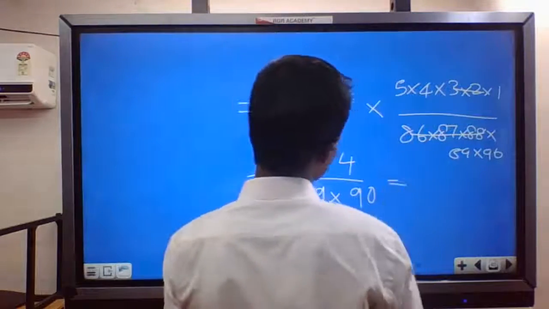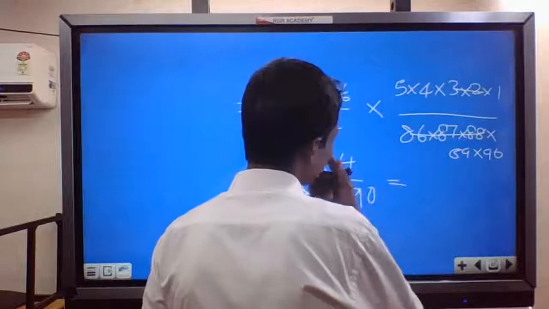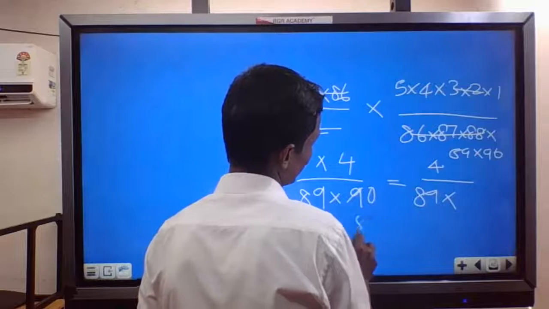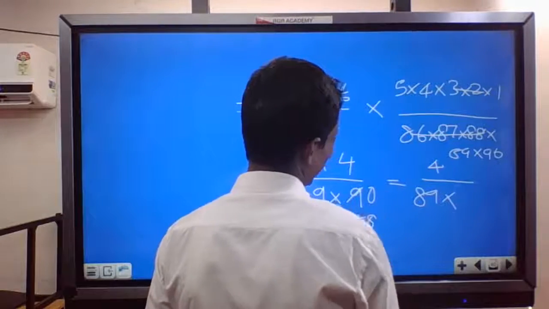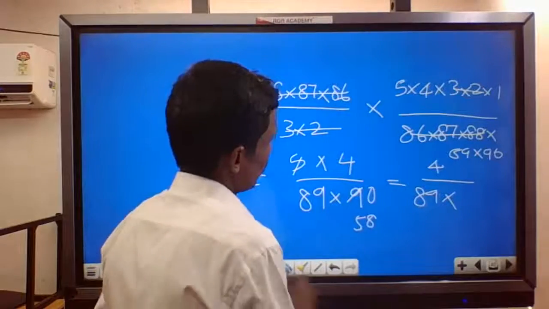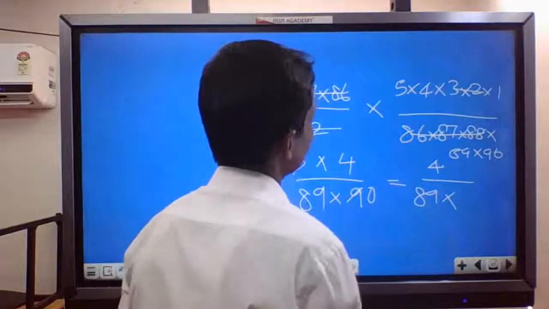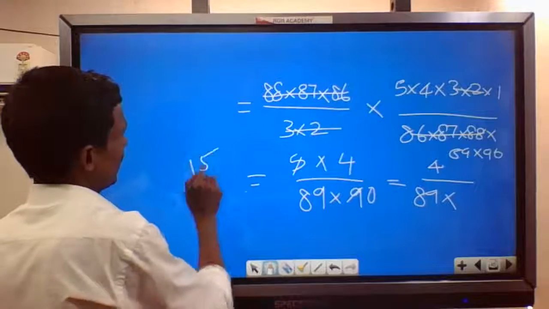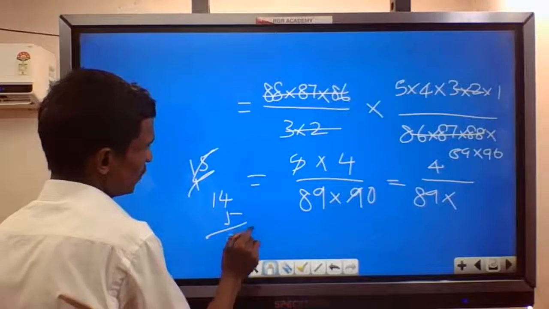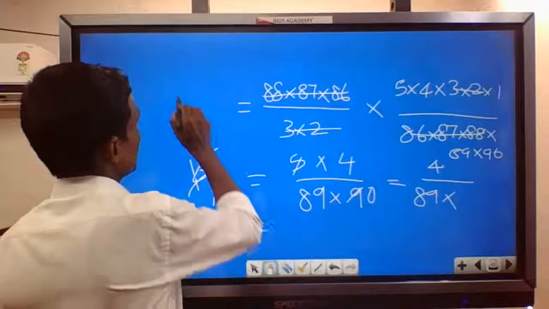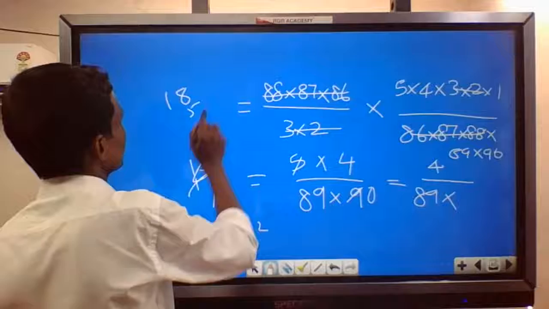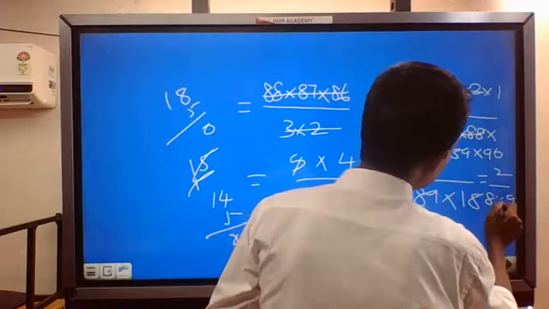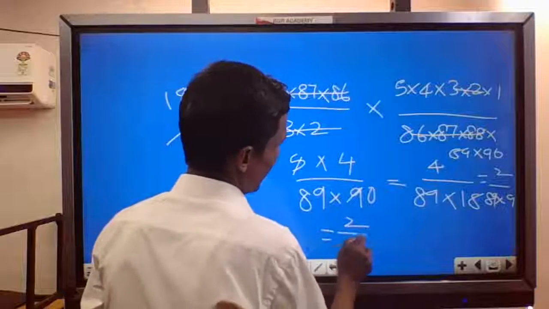So 5 into 4 divided by 89 into 90. How to cancel the 90? We get 2 divided by 89 into 9, then 2 divided by 801.